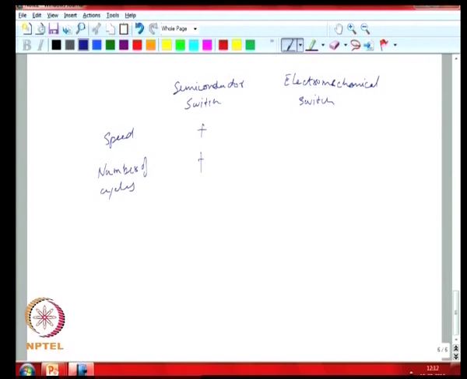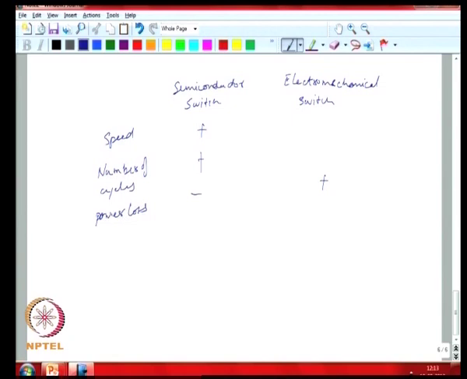Then if you look at the other aspects, you look at power loss. The power loss in a semiconductor based switch is much higher because of conduction loss, on state drops, etc. So your electromechanical switch is actually more attractive from a power loss perspective.